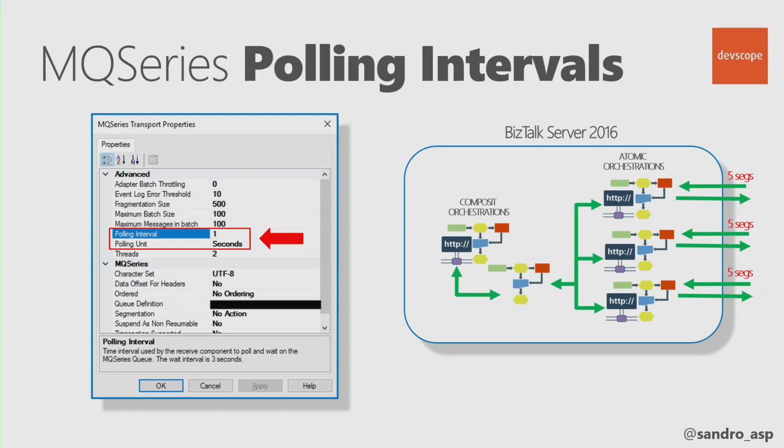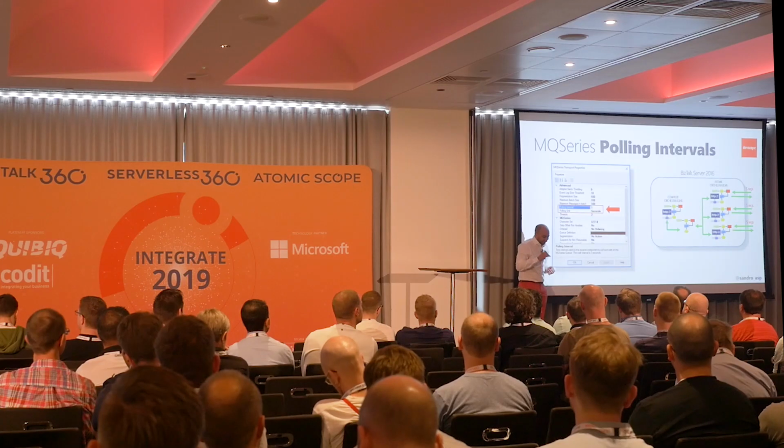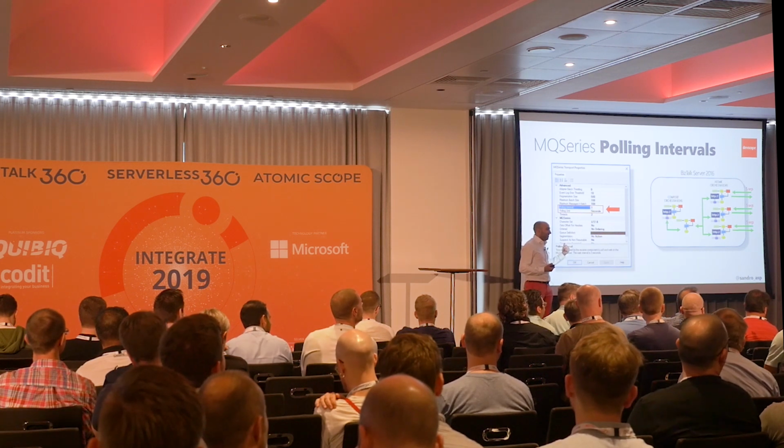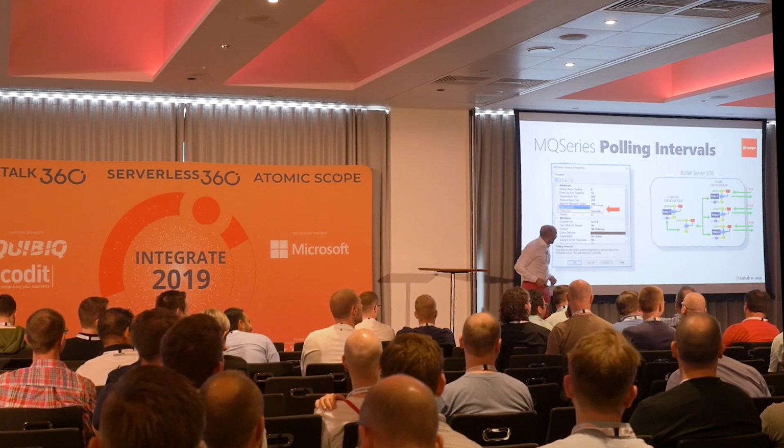So I went to the configurations, and I saw that my polling interval was 5 seconds by default. So again, I reduced to the minimum. Unfortunately, it's 1 second. I really like to have milliseconds. Can you fix that, Paul? Huh? Okay.